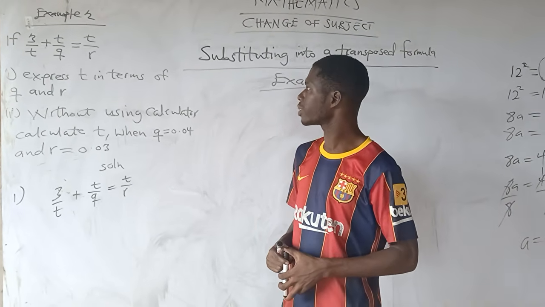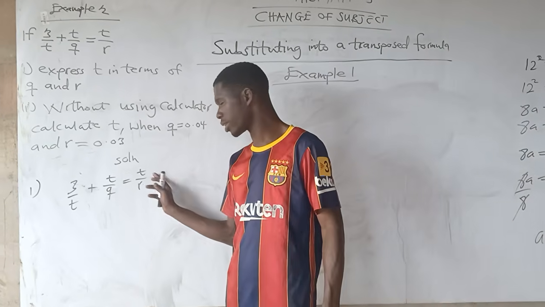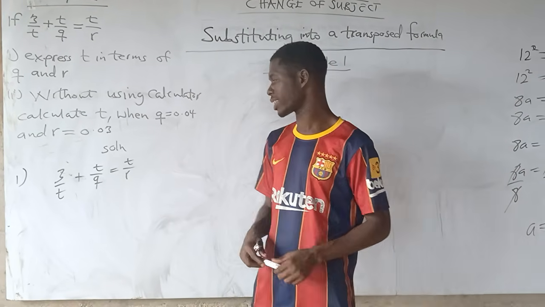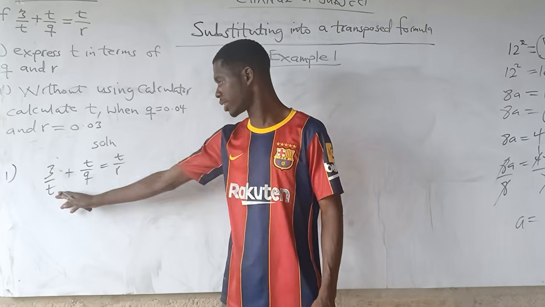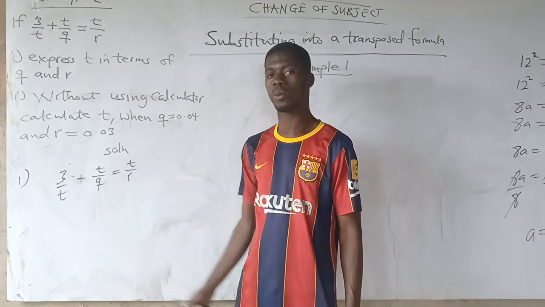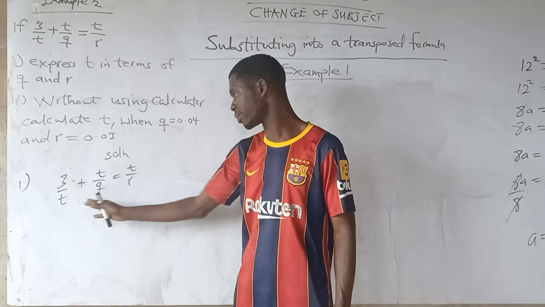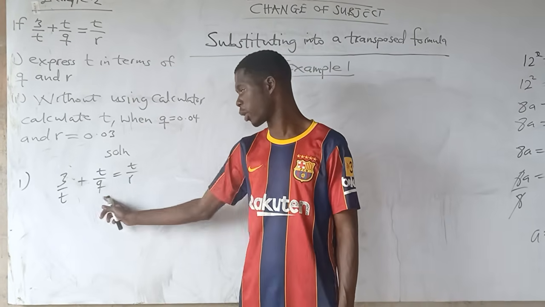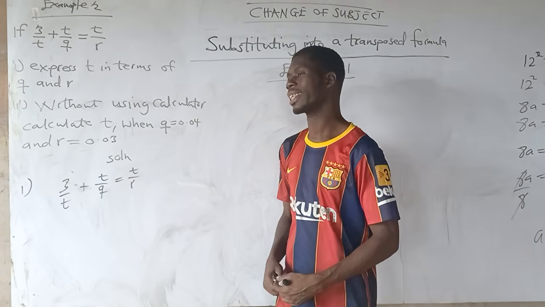How many t's do we have? 1, 2, 3. We are making t the subject, so the LCM is tqr. You multiply the LCM tqr with all the terms. You have 3 terms: first term, second term, and third term. So multiply them by the terms.